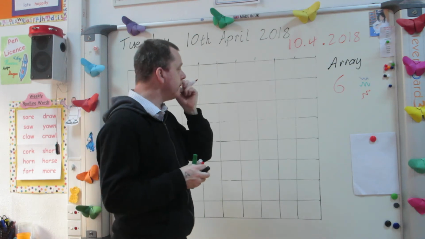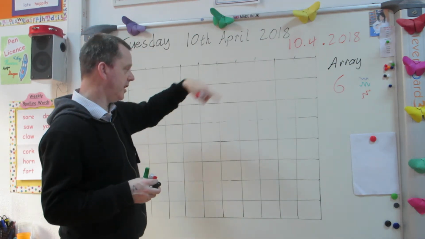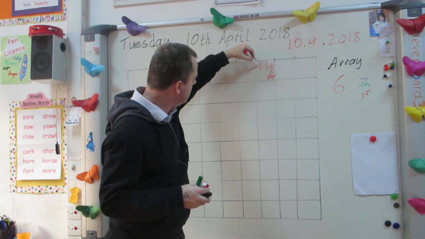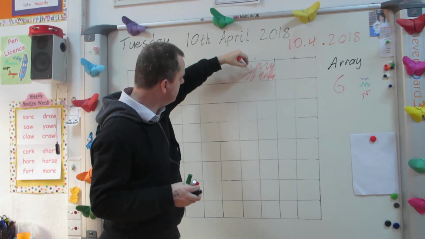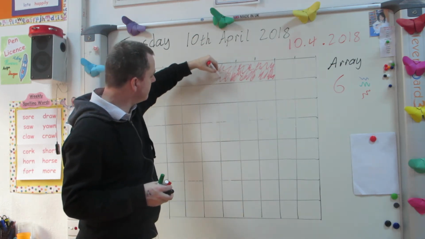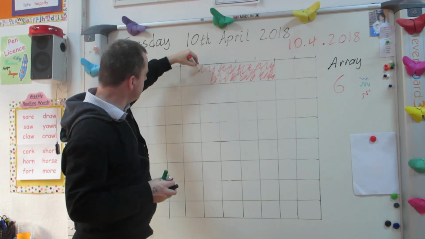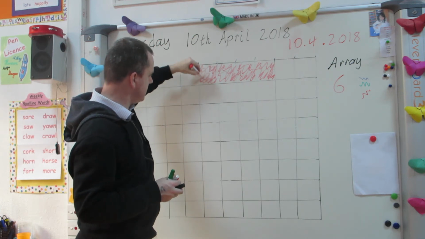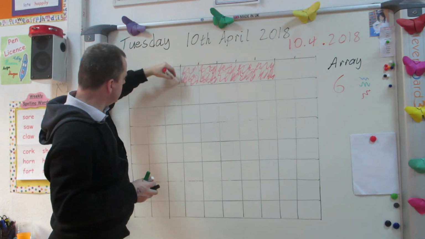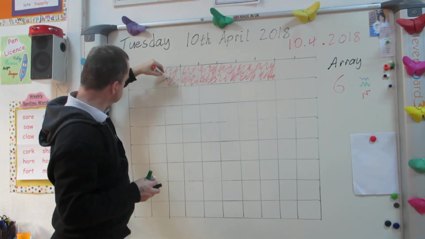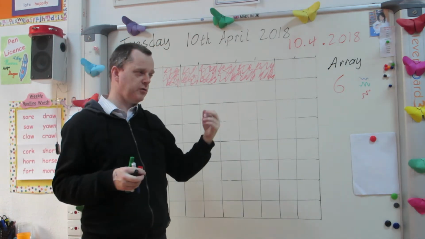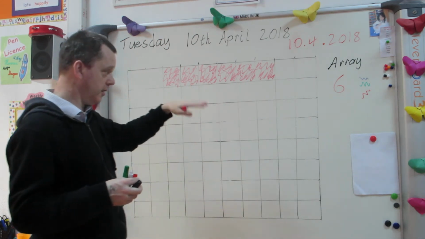On your paper, or on my pretend paper, I'm going to colour in 6 squares. 1, 2, 3, 4, 5, 6. I've done it right at the top, only to make sure there's more space for other work.